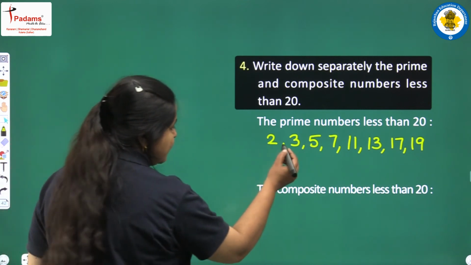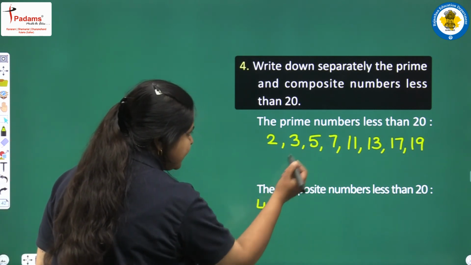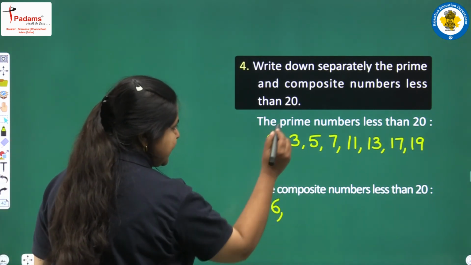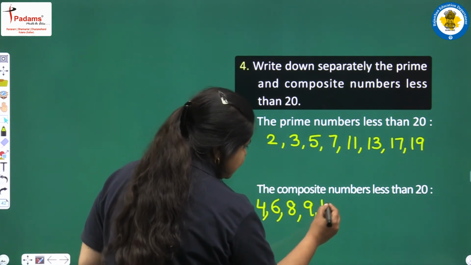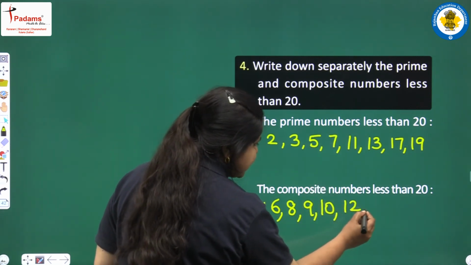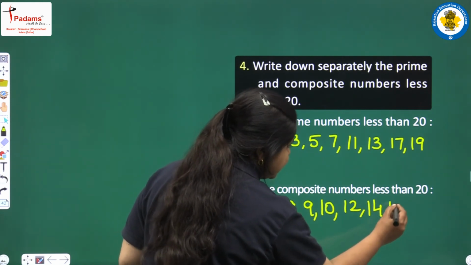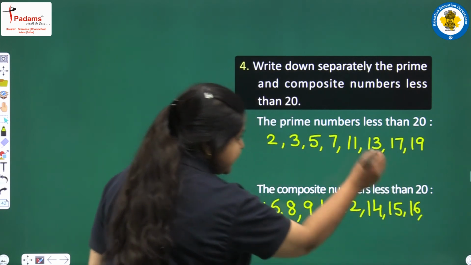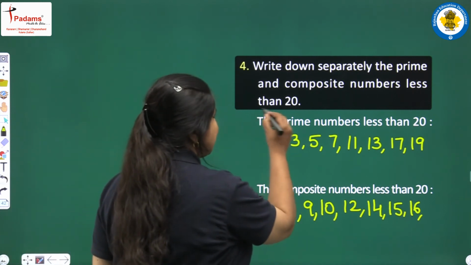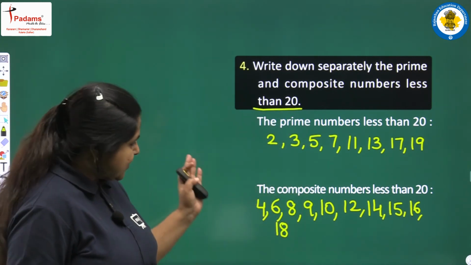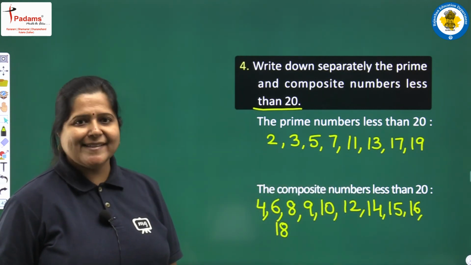Then we start from 4. 2 and 3 are prime, 4 is composite, 5 is again prime, 6 is composite, 7 is prime, 8 is composite, 9 again, 10, then 11 is prime, 12 is composite, 13 is prime, and then 14 is composite, 15, 16, 17 is prime, and 18 is composite. And we have to take less than 20, so 20 will not be included. So here till 18, these are the composite numbers and these are the prime numbers less than 20.